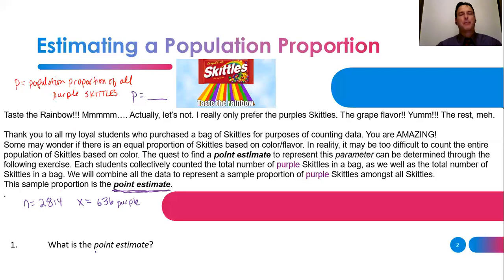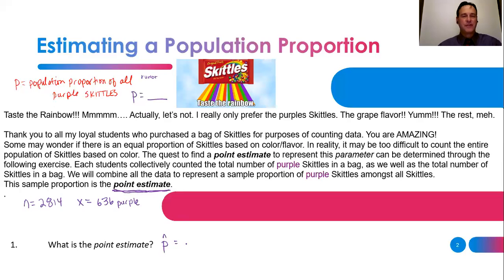So if I want to make a point estimate to help predict what I believe the population proportion could be, and again, it's a rumor that maybe it's 0.2, or 1/5, because there are 5 colors, 5 flavors, I'm going to make a p hat.